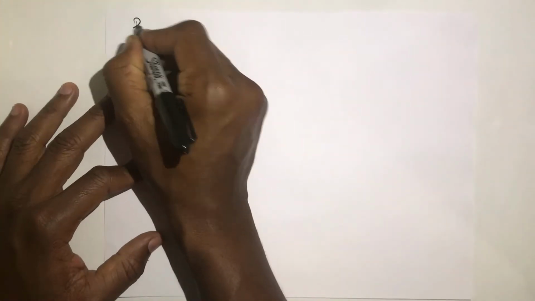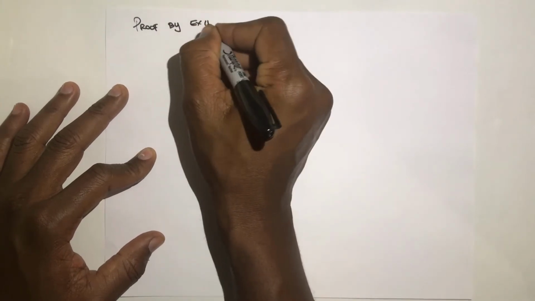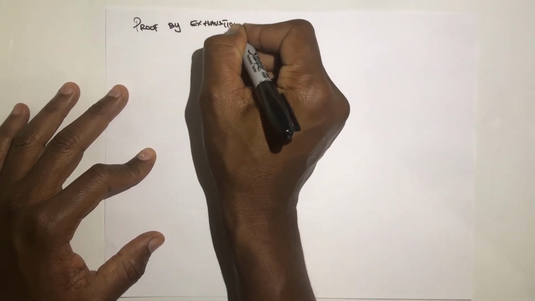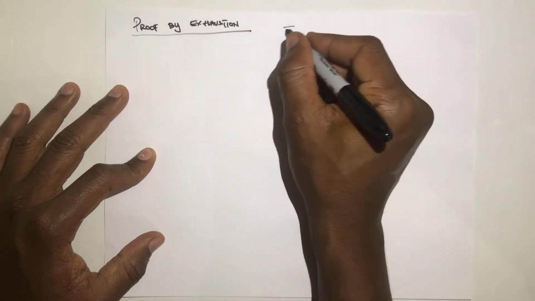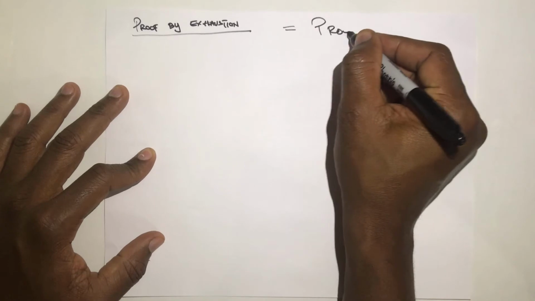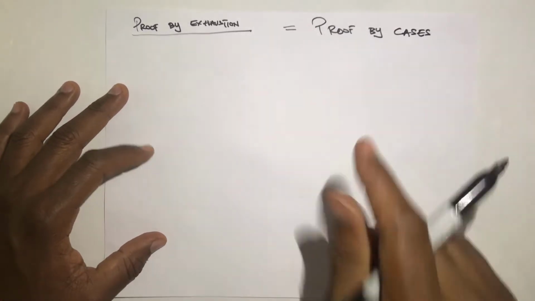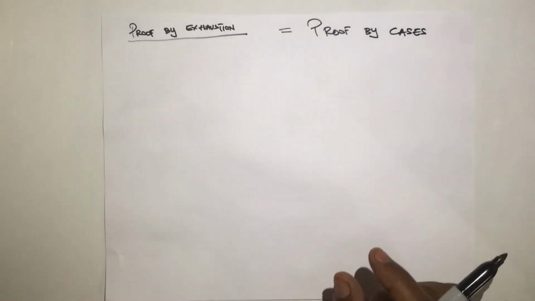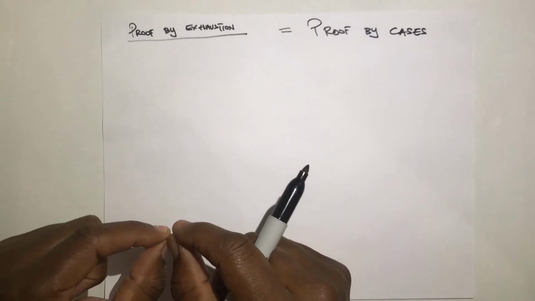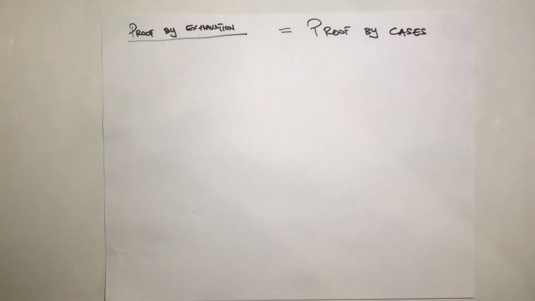Now, proofs by exhaustion, EX, right? Proof by exhaustion is generally referred to as proof by cases, in that whenever you get a question, you have to look at all the possible cases that can be done on that question and prove those cases true, right?